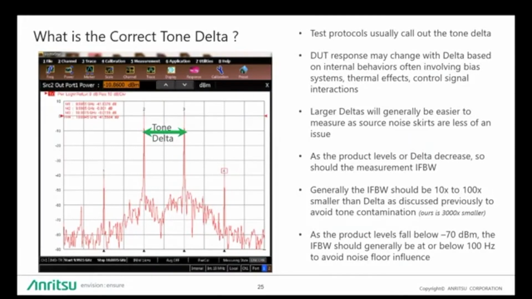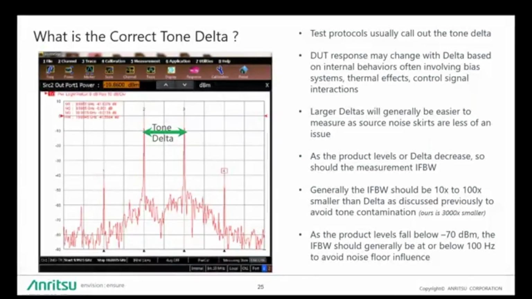In this case, I've used 3 megahertz, but larger deltas will be generally easy to measure. And why is that? Because if you have two tones which are too close together, you might get some noise contamination from the phase noise of the fundamental tones, and that might spill over into the third order products that you are trying to measure accurately.